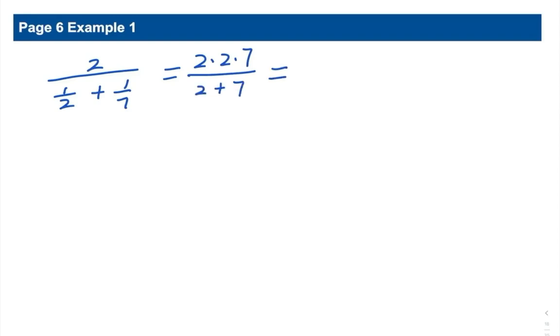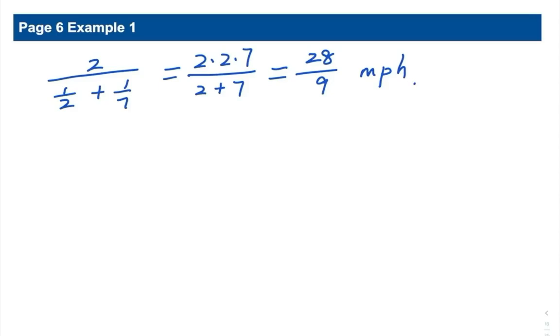So it's going to be 2 over 1 over 2 plus 1 over 7, which is 2 times 2 times 7 divided by 2 plus 7. So it's 28 divided by 9 miles per hour.